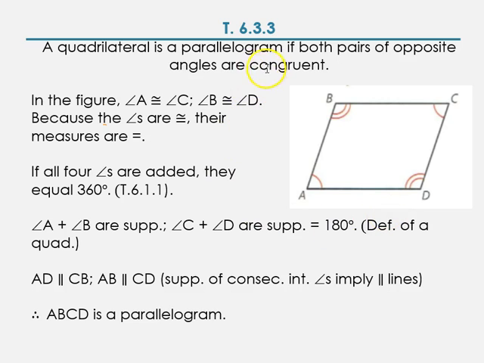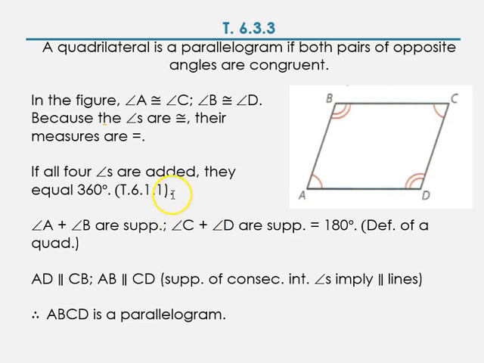Theorem 6.3.3. A quad is a parallelogram if both pairs of opposite angles are congruent. In the figure, we have angle A congruent to angle C, angle B congruent to angle D. Because the angles are congruent, their measures are equal. If we were to add all four of these angles, they would equal 360 degrees.